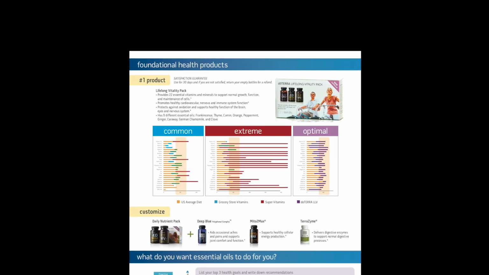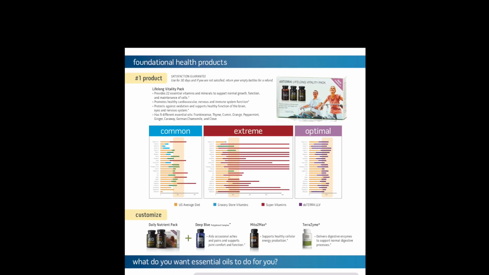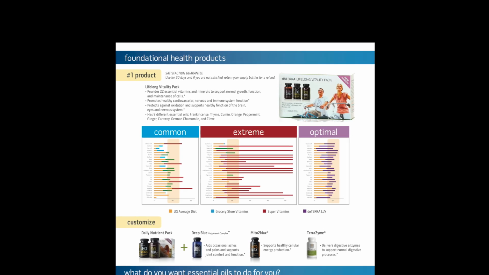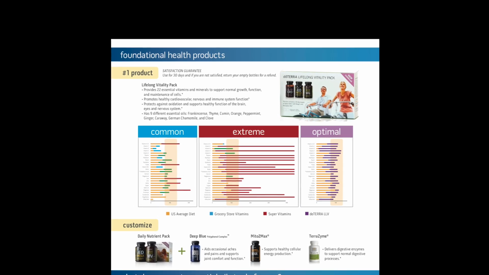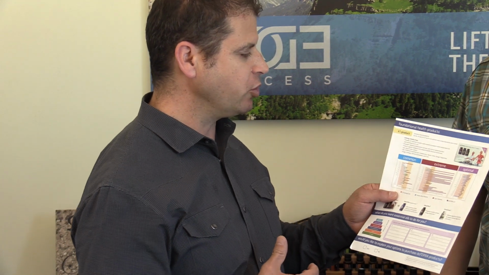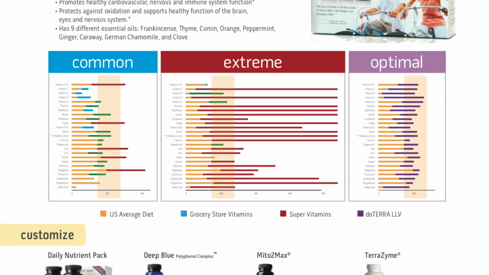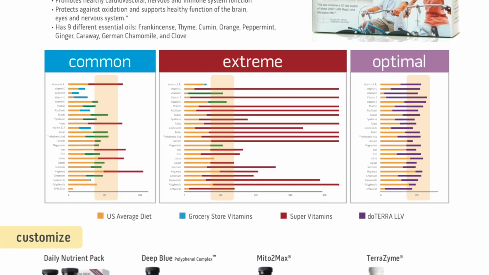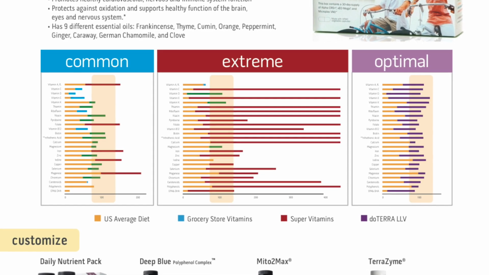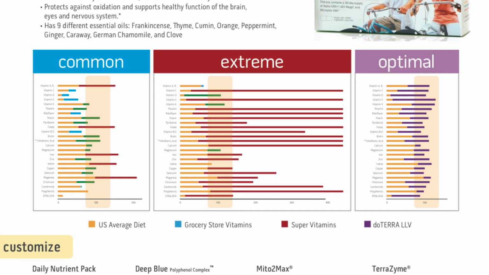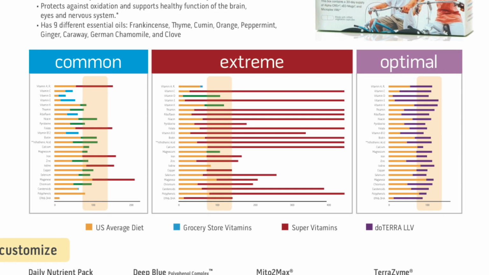Now on the back side, we talk about the supplement side of doTERRA and how products like Lifelong Vitality create a benefit in their life by helping them live a healthy lifestyle and get the proper nutrition in life. And then this part is designed to help illustrate quickly the benefit of Lifelong Vitality, which is if you're just using common vitamins, it's probably not supporting your body to the level that it should.